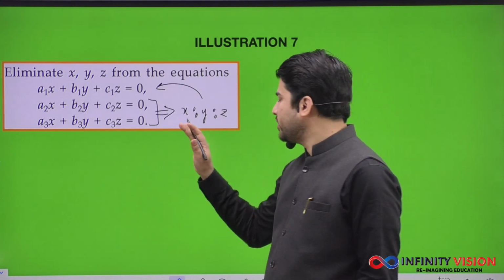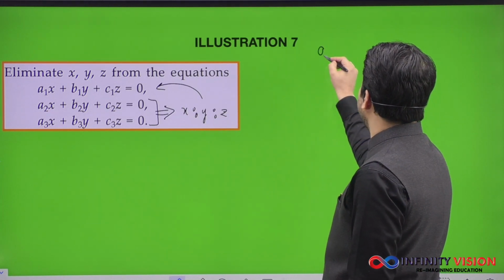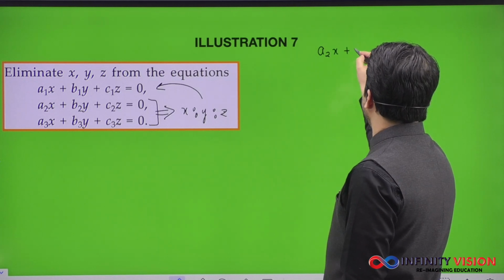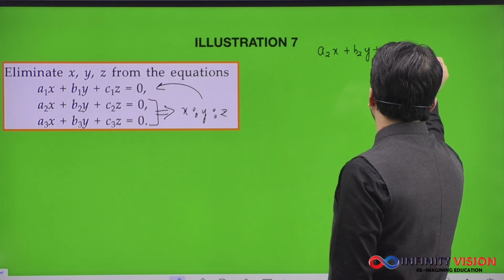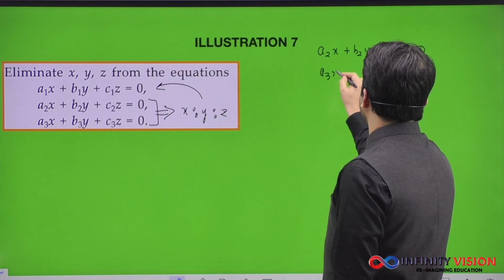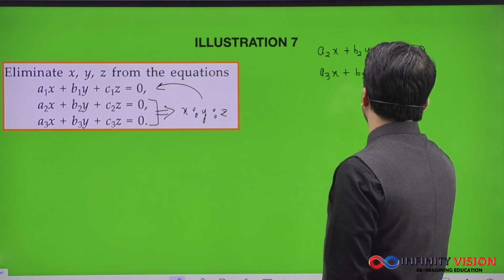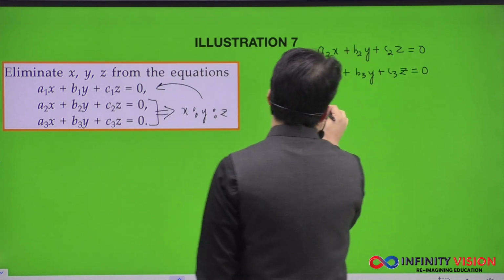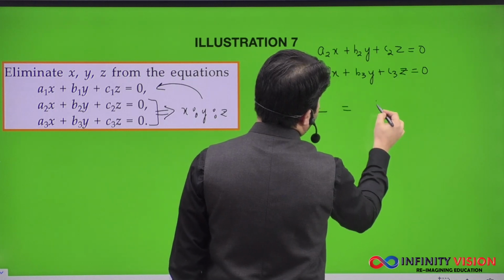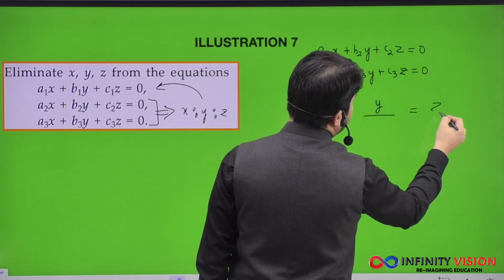So how are you going to do it? First we are going to use a2x plus b2y plus c2z equals a3x plus b3y plus c3z equals 0. So you got x upon, then you got y upon, then you got z upon.